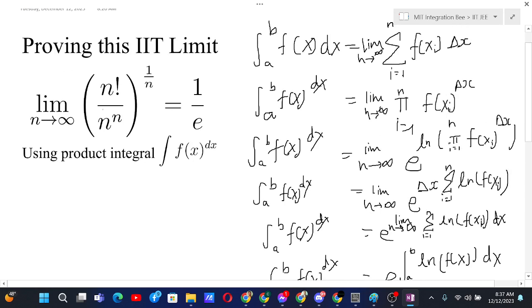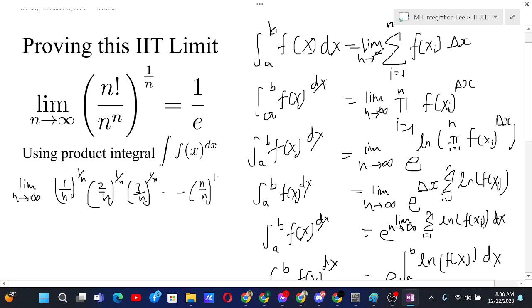Now first of all, let us try to see whether this is a product integral or not. So we have the limit as n tends to infinity. N factorial is 1, 2, 3, 4, the product up to n, and this is just n. So this will be equal to 1 by n to the power 1 by n, 2 by n to the power 1 by n, 3 by n to the power 1 by n, up to n by n to the power 1 by n.